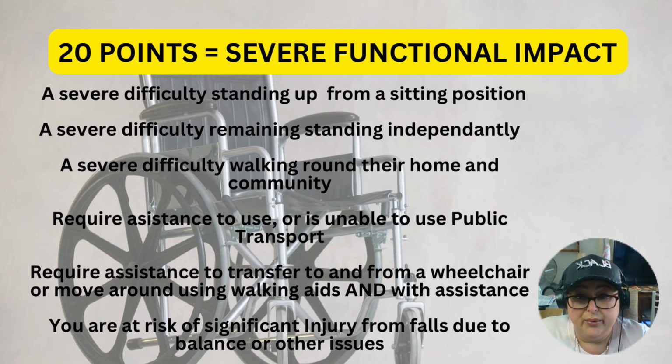You may require assistance to transfer to and from a wheelchair, either be that on or off the toilet or in and out of the shower. You might need assistance to move around using walking aids, walking frames, a 4-prong stick, and you are at risk of significant injury from falls due to balance and other issues related to your condition.